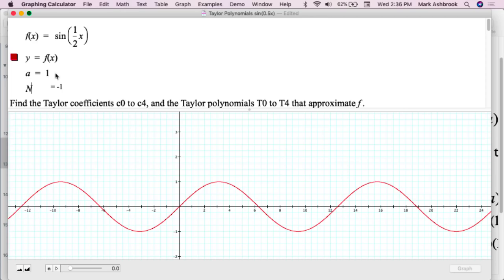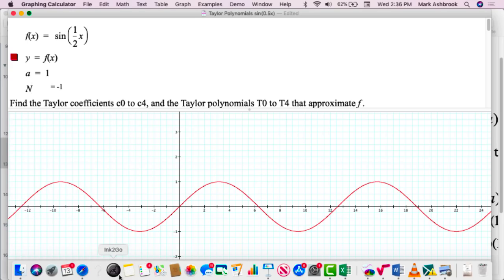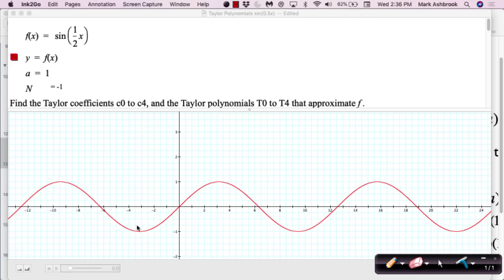So I want you to find the coefficients. So find the constant coefficient, the linear coefficient, quadratic coefficient, the cubic, and the quartic coefficient.